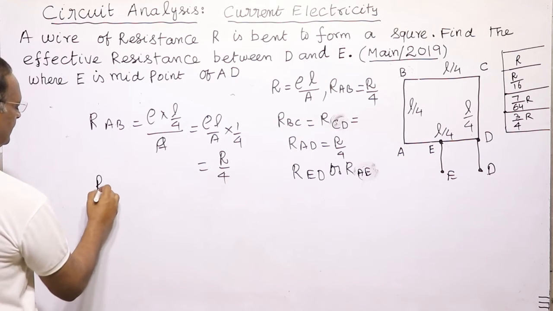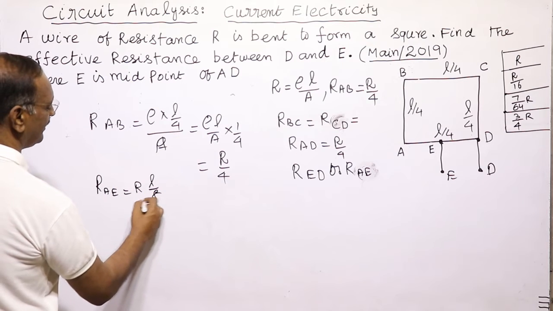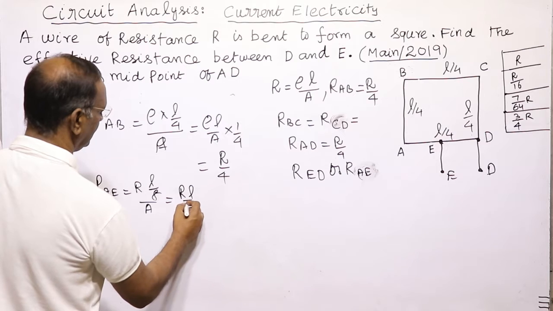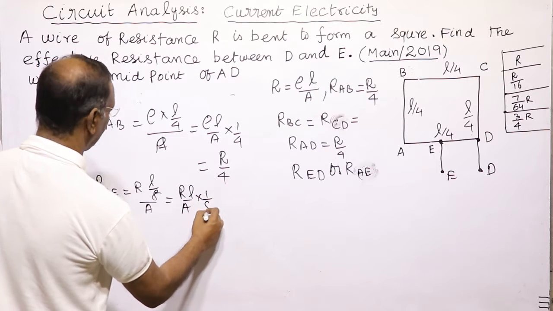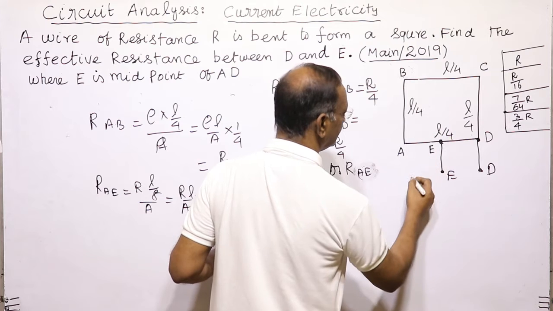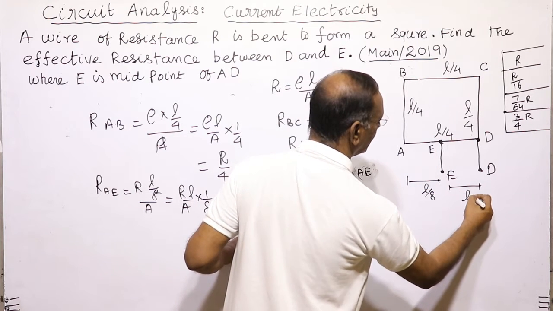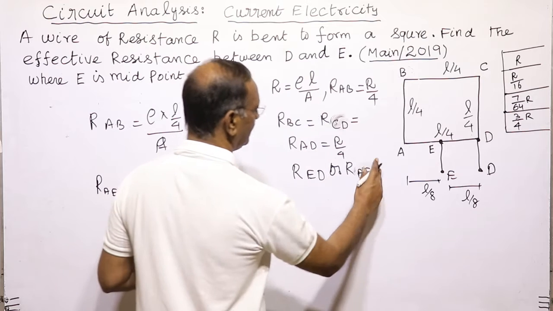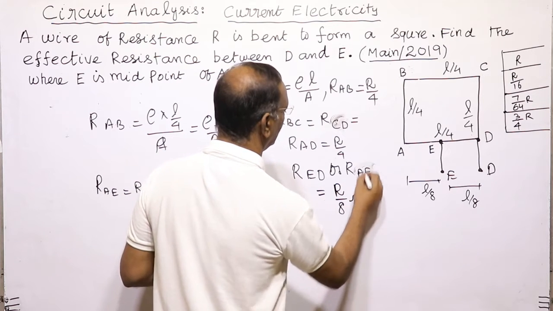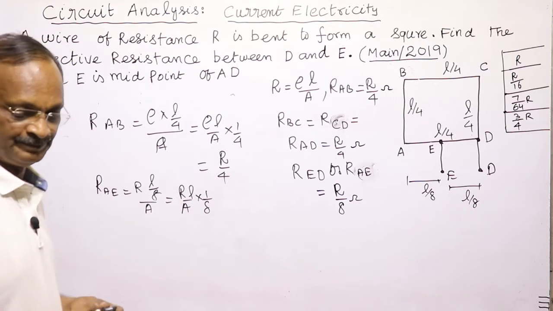So the resistance of AE is equal to rho L by 8 into A, which is rho L by A into 1 by 8. So RAE is equal to R by 8 ohm. Since it is resistance, it will be in ohm only.